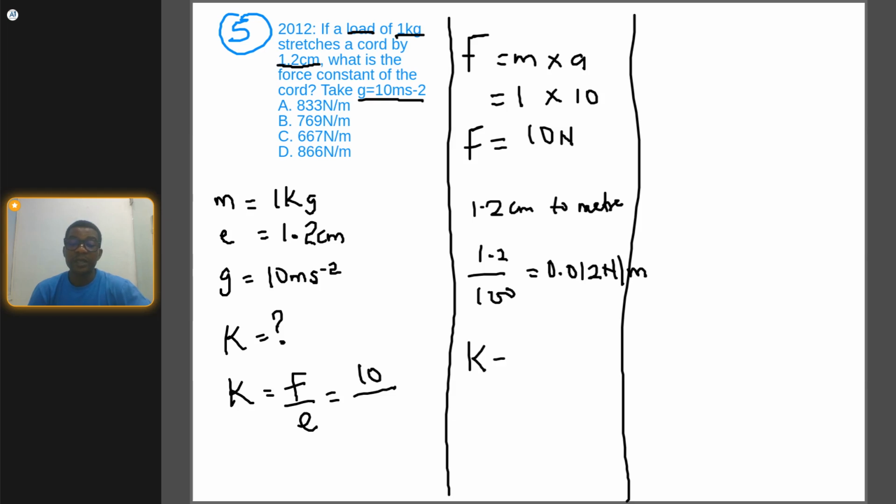Now let's get K. K is force, which is 10, over the extension, letter E, which is now 0.012.